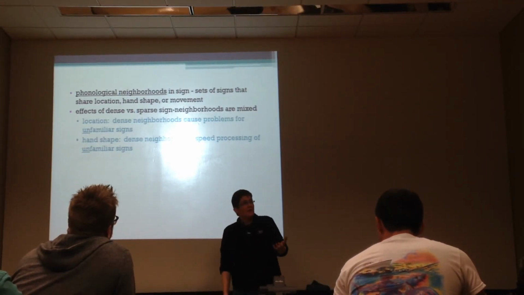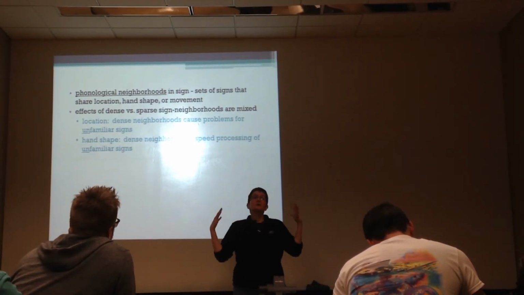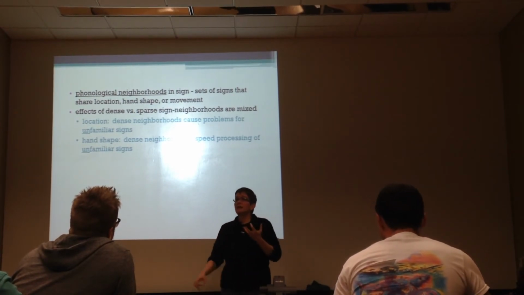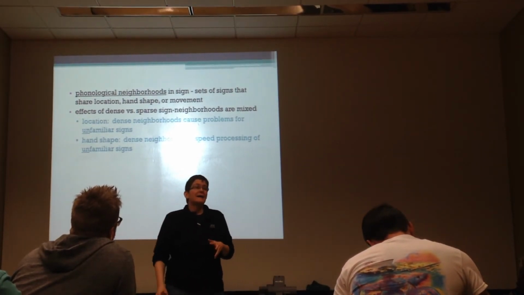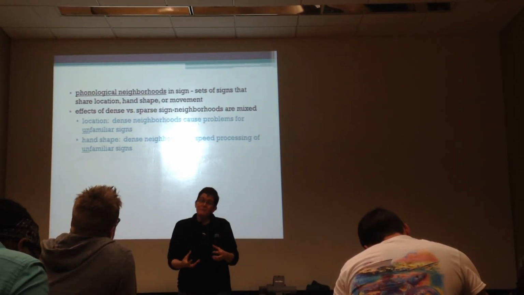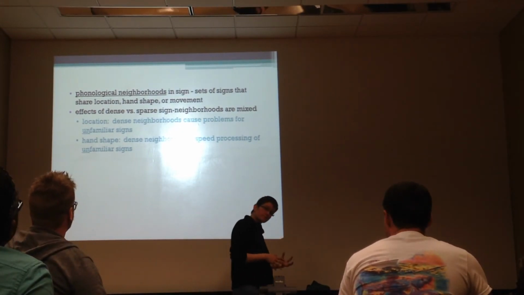It turns out that sign has the same thing. There are some hand shapes, some locations, some movements that have lots of signs associated with them, and some that have fewer.